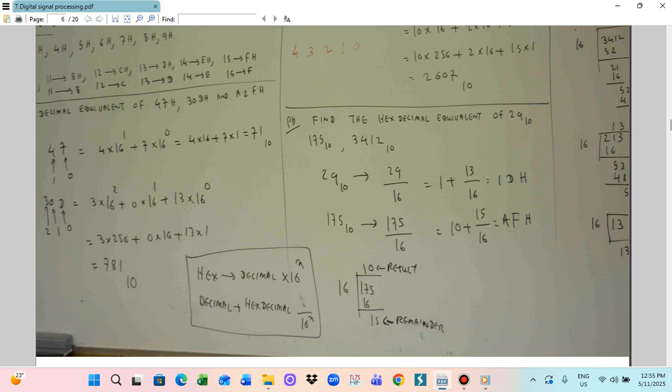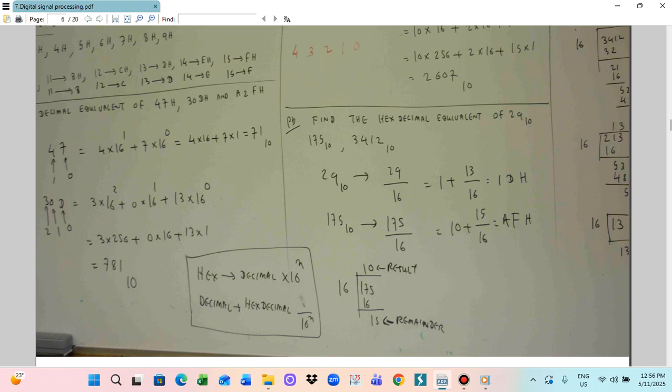The remainder is 4, so you just write a 4. Then this 213 is divided by 16 again. So 213 divided by 16: 1 times 16, and 3 times 16 gives 48, so you got the 5.